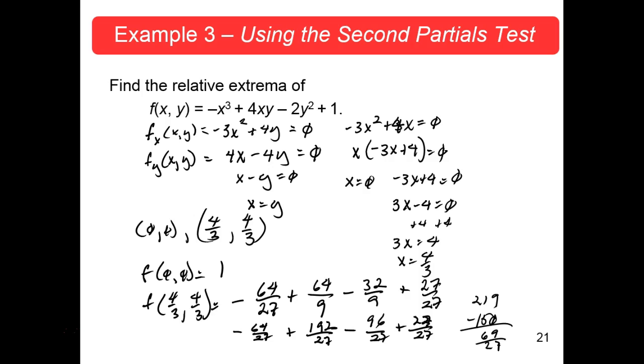Why did you split it? Why did you do the 4/3? This one told us that x has to equal y, right? The first derivative with respect to y gives us this, and that's only true when x is equal to y.